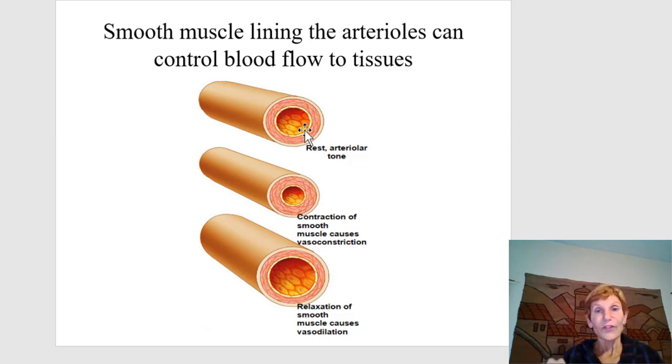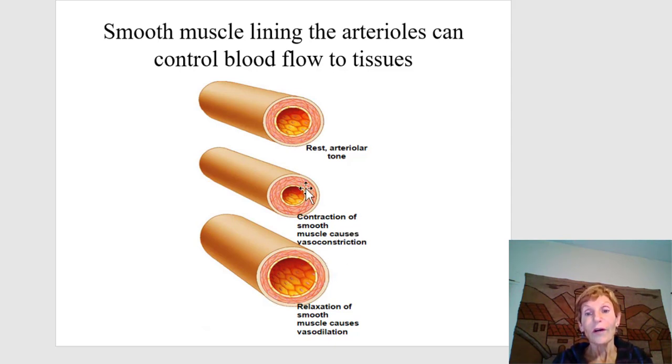Now, if you want to suddenly change that tone so that you can get less blood to one place and more blood to the other, well, you would do these two things in different areas. If you wanted to get less blood flowing to your digestive system, then the arterioles lining those digestive capillaries, you would want to constrict.